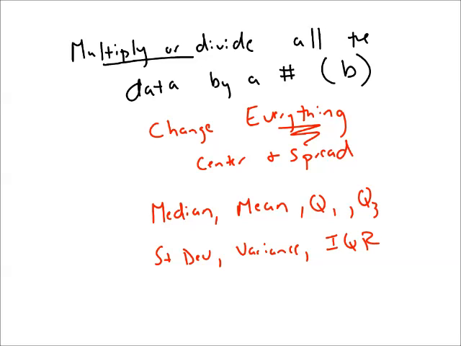Now let's take a look at some examples. This is Roman numeral 14 in your notes. We have the monthly salary for an entry-level actuary. Mean is $8,800.